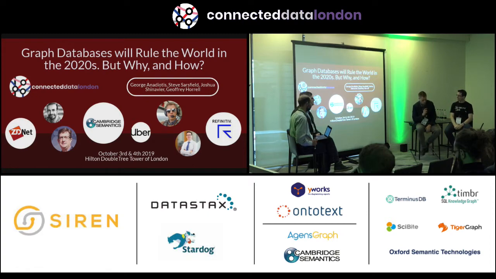Sure. So why graphs? Well, you kind of heard my take on this this morning. Some of us who came to graph databases in the early days came to it from the point of view that we think in graphs, before there was any kind of real business in it.